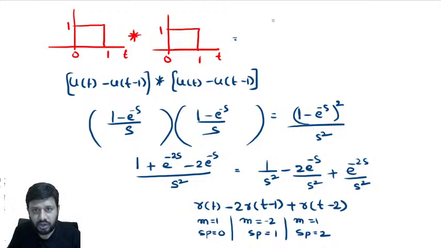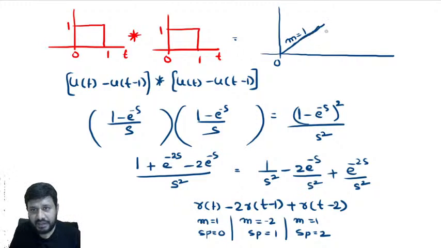So, if I try to draw the resultant, r(t) is the ramp signal starting at 0, going with the slope of 1. Slope is positive, means increasing. As this is going with the slope of 1, when it encountered the point 1, a slope of minus 2 is added. What happens if you add a slope of 1 to a slope of minus 2? The resulting slope will become minus 1.